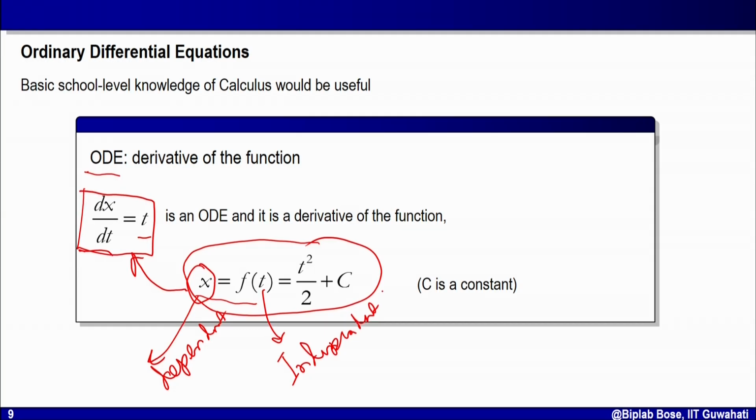So we have a dependent variable x and an independent variable t, and together we have an ODE, dx/dt equal to t, which is the derivative of the function x equal to t square by 2 plus c.